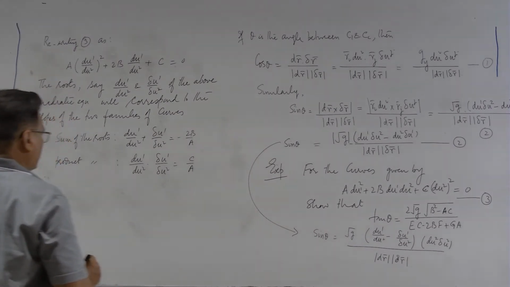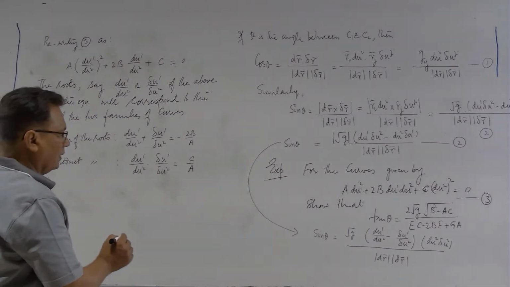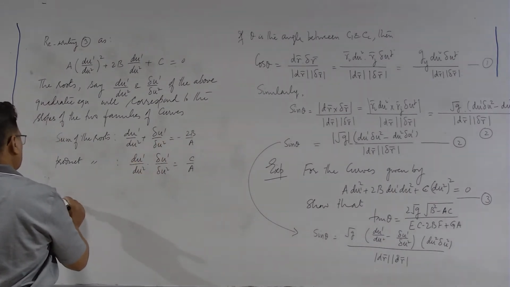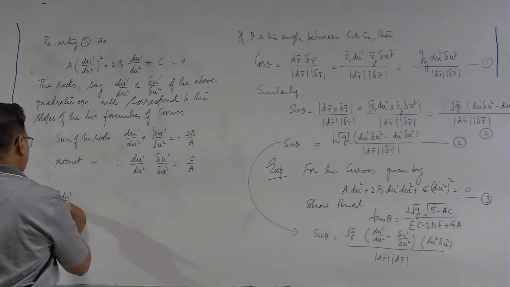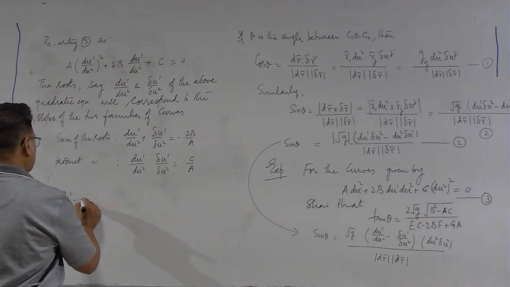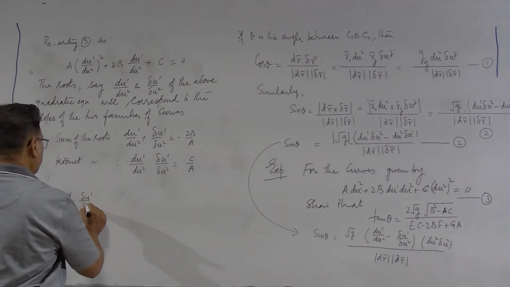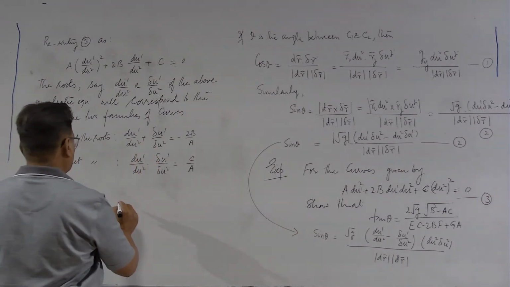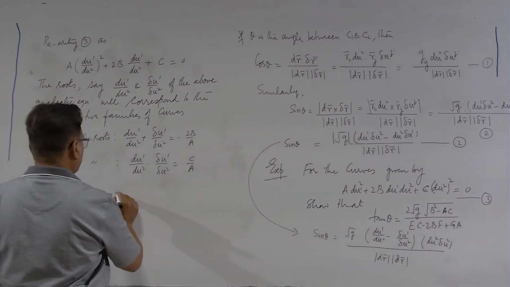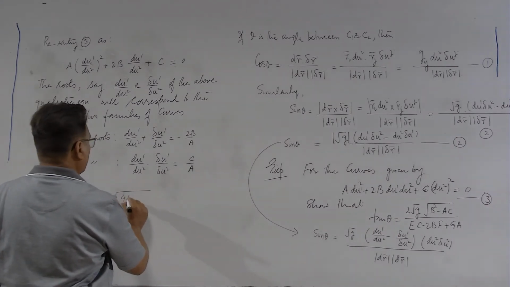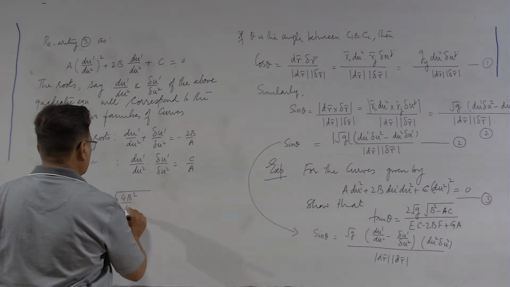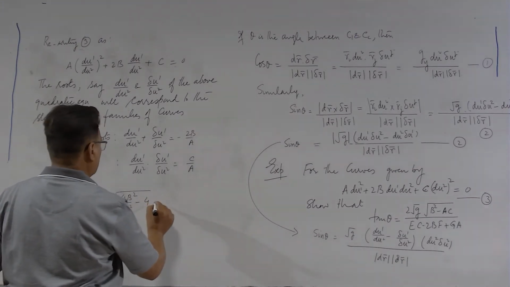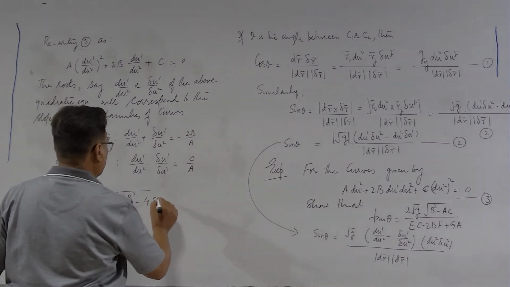Now the difference I can compute from these two relations. So, du1 upon du2 minus delta u1 upon delta u2 will be the square root of 4b square upon a square minus 4c upon a.